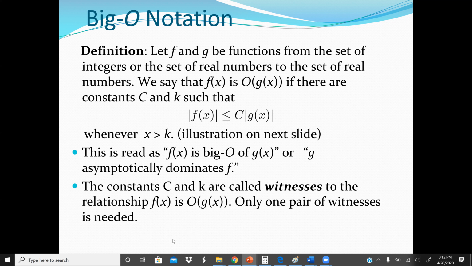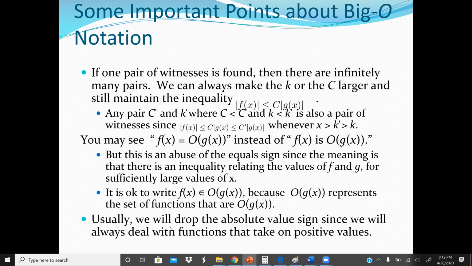So intuitively, the definition that f(x) is big O of g(x) says that f(x) grows slower than some fixed multiple of g(x) as x grows without bound. So again, that's the whole theory behind big O notation. And we will see an example which hopefully may help us to understand the concept.